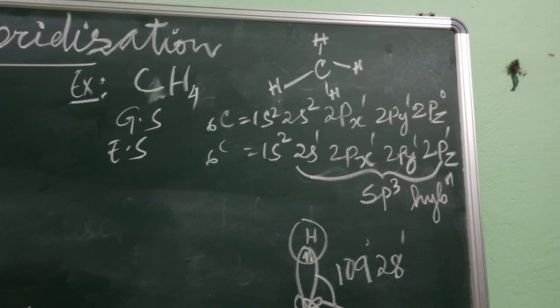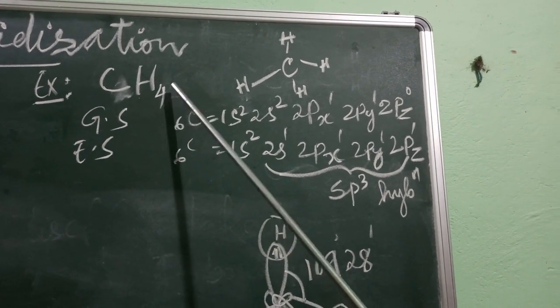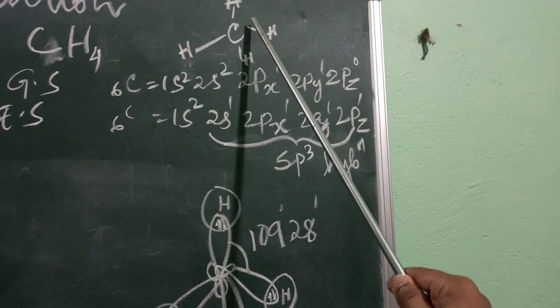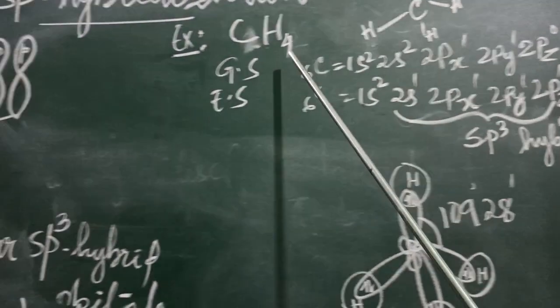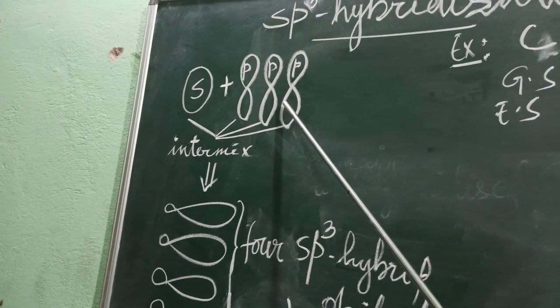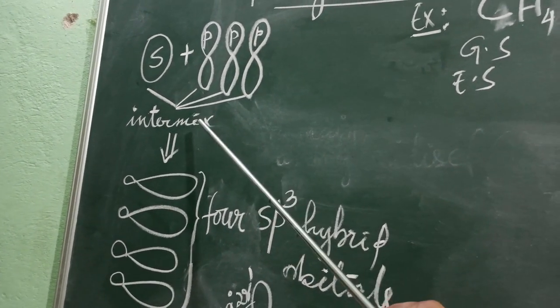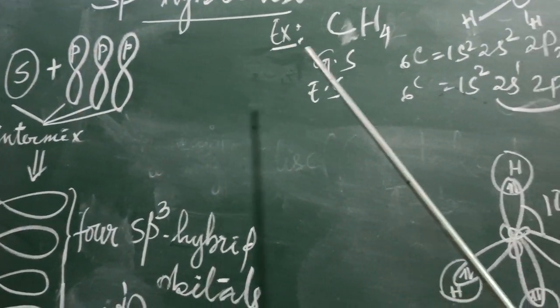For example, we can take methane. The bond pattern of methane is like this, all single bonds, no pi bonds are formed. And we have seen also this time all the p orbitals are getting intermixed, no p orbitals left to make the pi bonds.